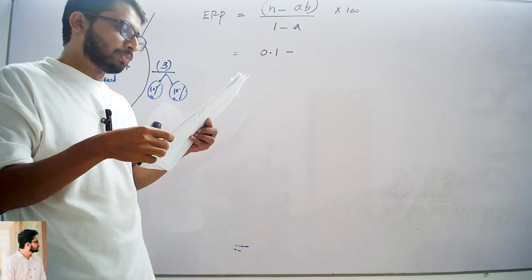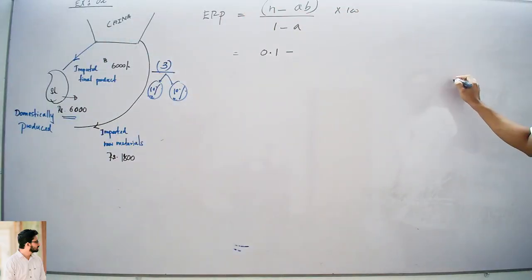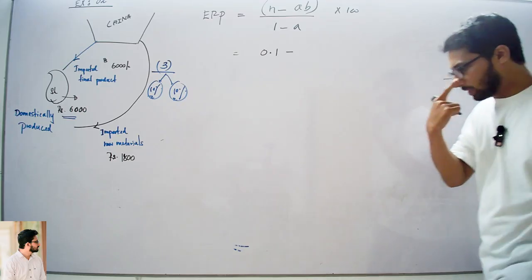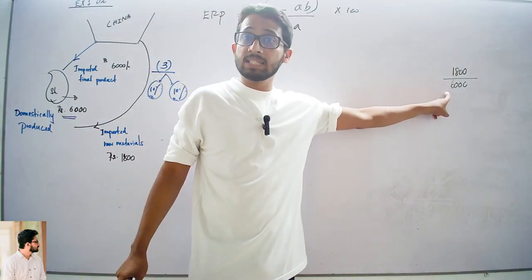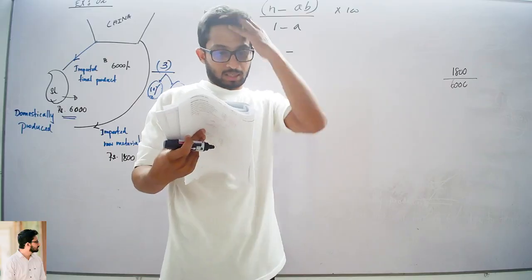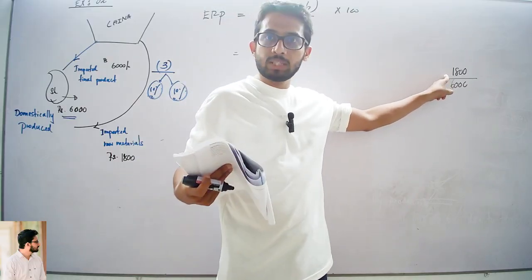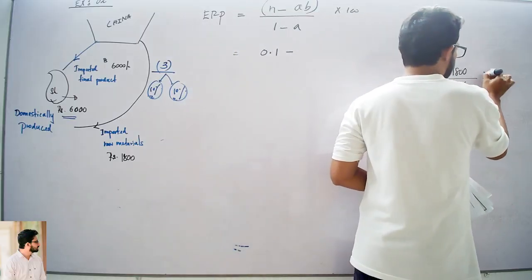A means the percentage of imported or intermediate inputs included in the final product. How much is the final product value without tariff? 6,000, the domestic product price. Out of 6,000, 1800 worth of imported raw materials are included in this value. Then calculate the percentage of imported inputs included in the final product value: 1800 over 6000 into 100.